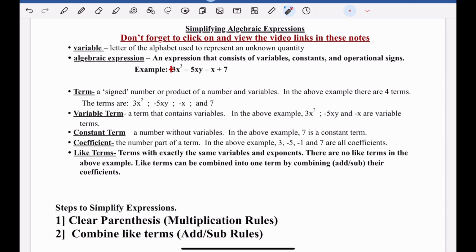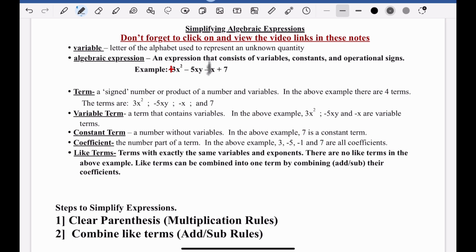Every term has a sign, therefore every term has a number connected to it, and that number connected to the term is called the coefficient. So the coefficient of our first term is positive 3. The coefficient of our second term is negative 5. And then if you look at this third term, there is no number in front of this term, but there is a sign.